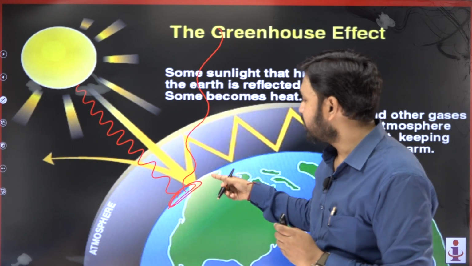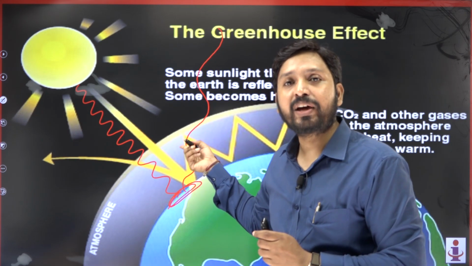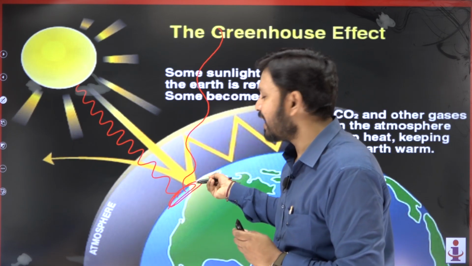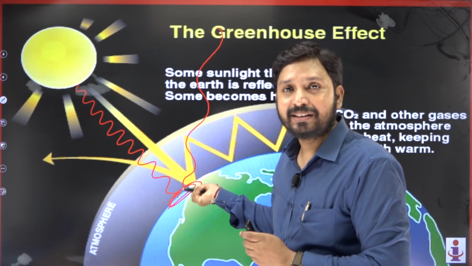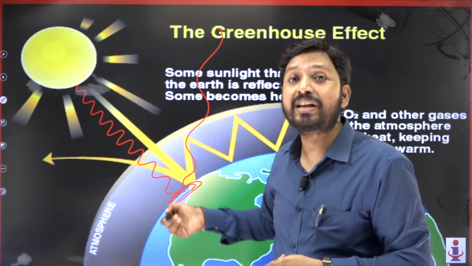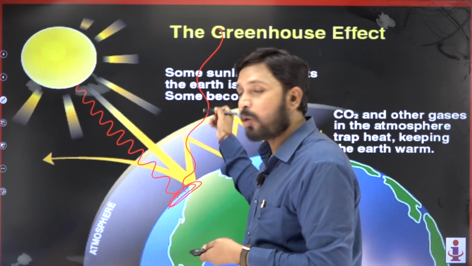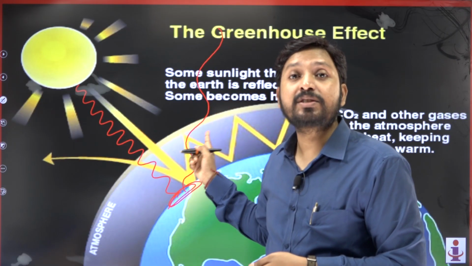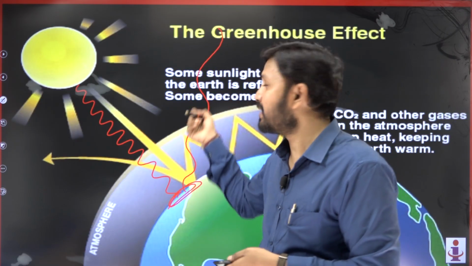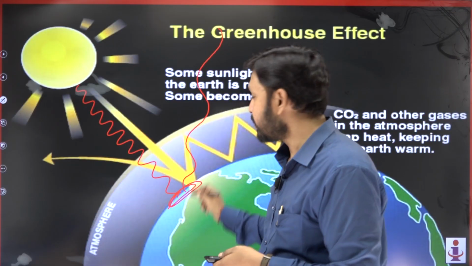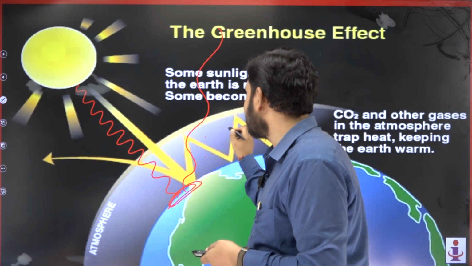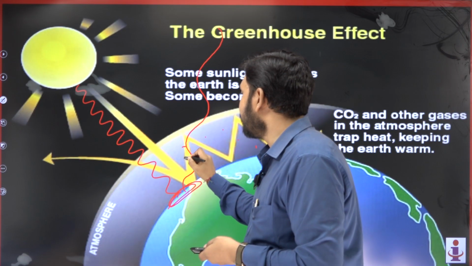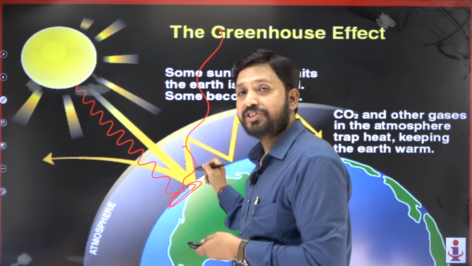These long wave radiations are nothing but infrared radiations, released or re-radiated by the Earth's surface, which is called terrestrial radiation. While they are going back, the Earth's atmosphere is no longer transparent for this terrestrial radiation. There are certain gases in our atmosphere which will absorb some of this terrestrial radiation.